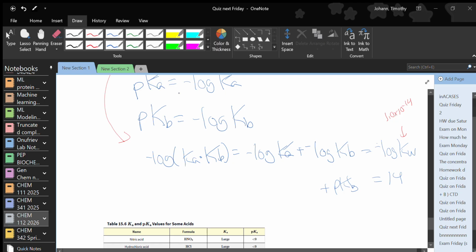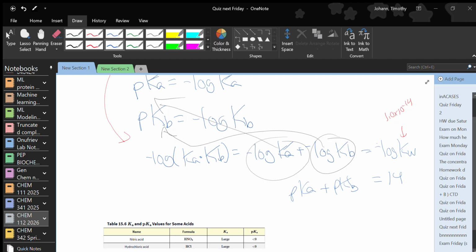And the negative log of Ka is pKa, because we just defined it as such, right? So my pKa plus my pKb is equal to 14. All right, just like my pH plus my pOH is equal to 14. All right, useful thing if you're trying to relate these really quickly.